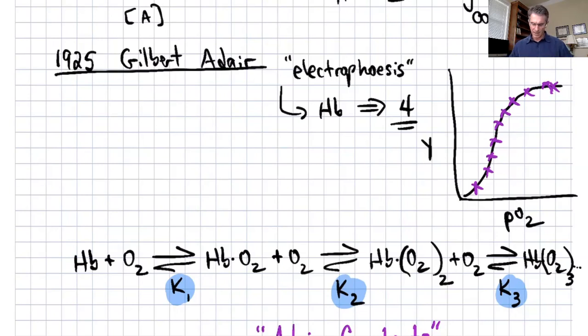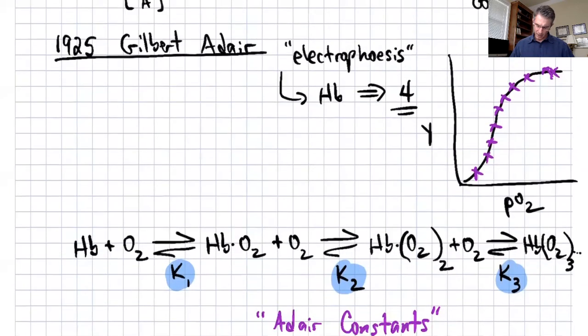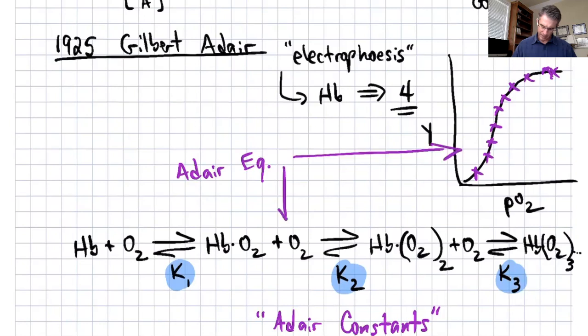The point here is that the Adair equation that comes out of this, which I'm not going to write down, can beautifully mathematically fit binding of oxygen to hemoglobin. It's quantitative, right? Works beautifully.